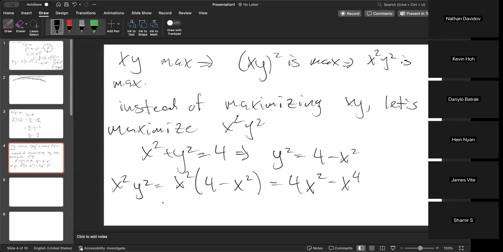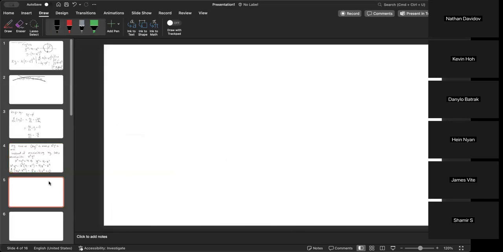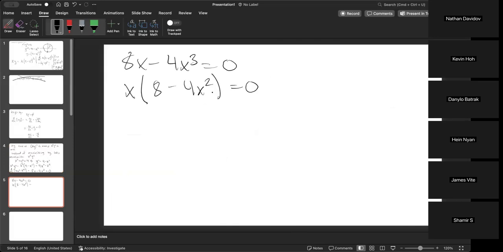Now we take the derivative and we set it equal to 0. So this is 8x minus 4x cubed equals 0. I hope I got that right. Now let's solve. 8x minus 4x cubed equals 0. That tells me that x times 8 minus 4x squared equals 0.